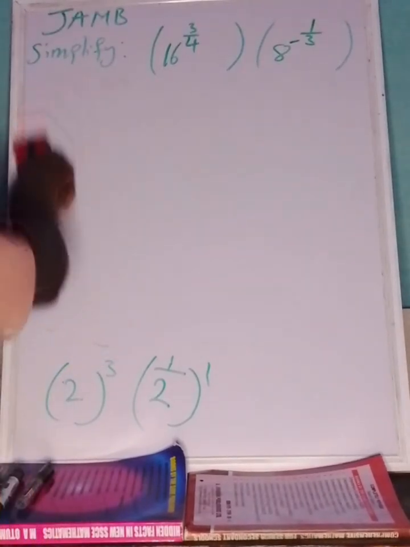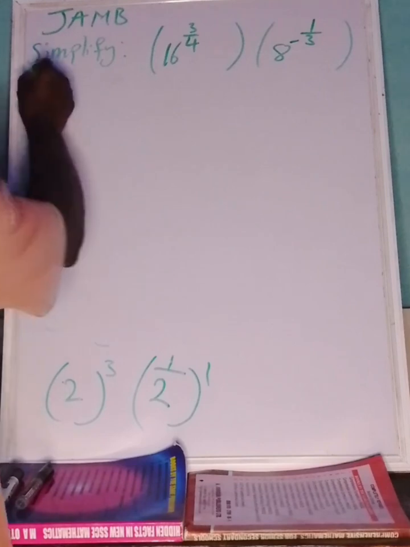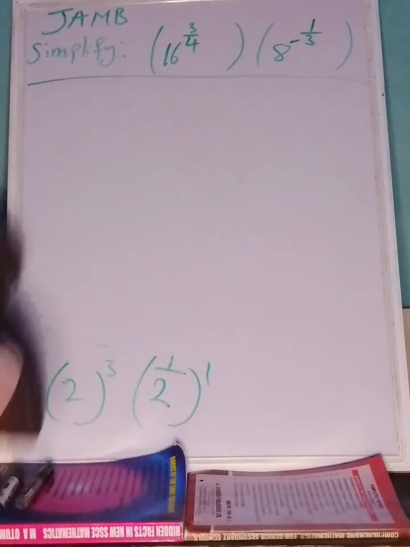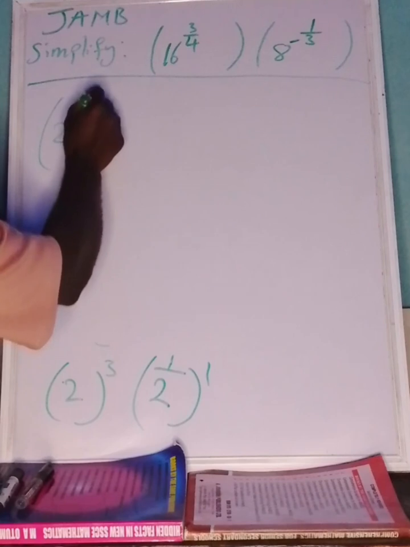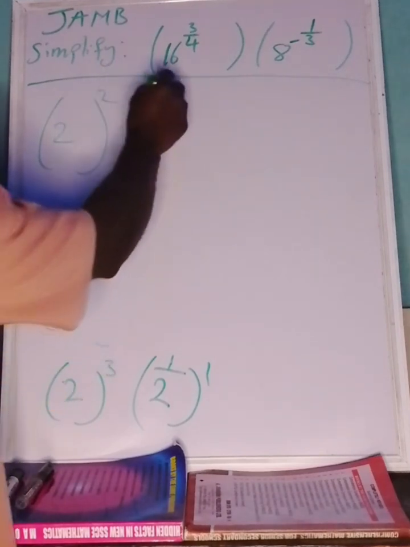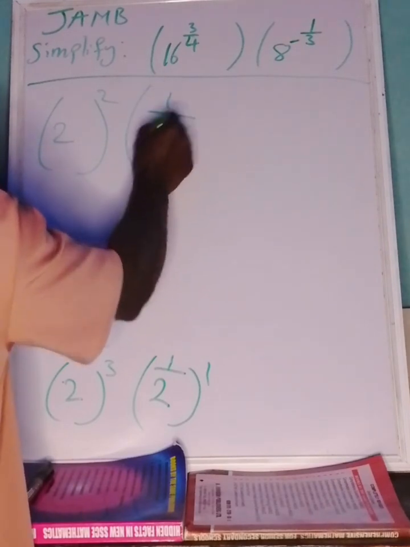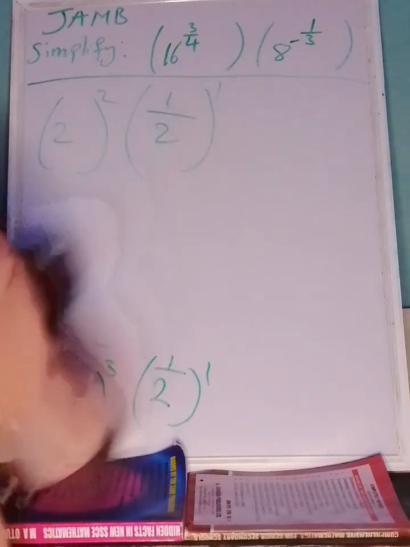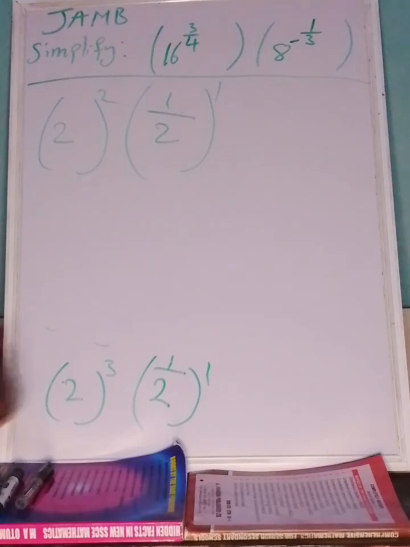Let me clean from here so that we can use the board. Remember, this is our question, so I'm not erasing it. This is where we are: 2 raised to power 3 multiplied by 1 divided by 2 raised to power 1. If you raise any number to the power of 1, that number remains the same.